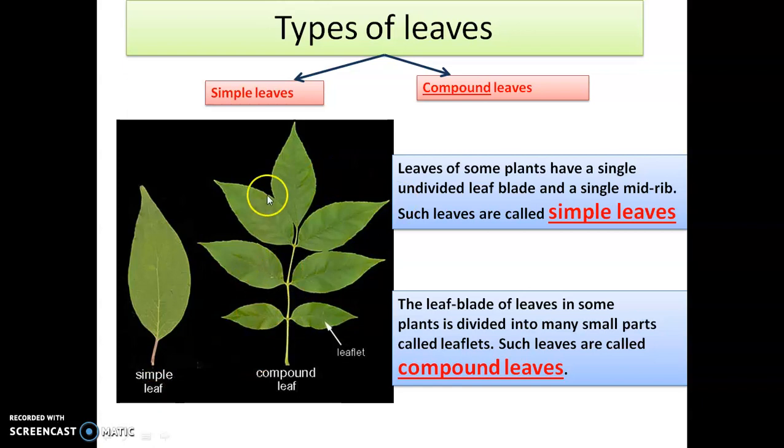This is one leaf, and the leaf blade is divided into many small parts called leaflets. Such leaves are called compound leaves. So simple leaves have a single undivided leaf blade, and compound leaves have the leaf blade divided into many small leaflets.